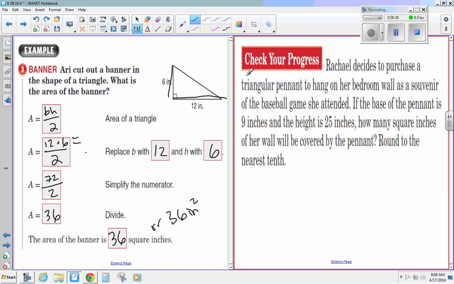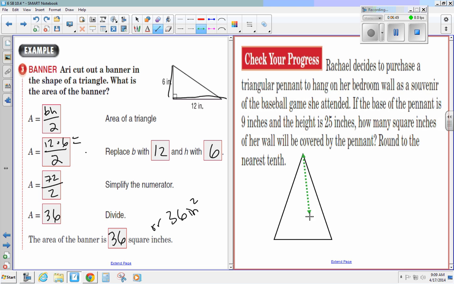So Rachel decides on a triangular pennant. So I'm going to draw a triangle here. There's a triangular pennant. It says that the pennant is 9 inches in height.